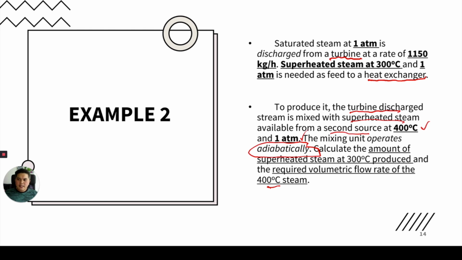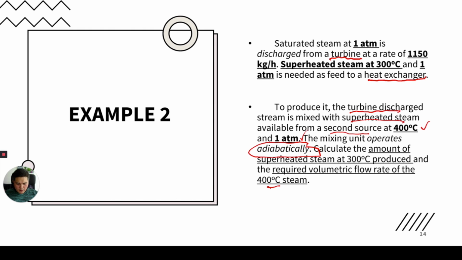There is no additional external heating. That is what is meant by adiabatic.